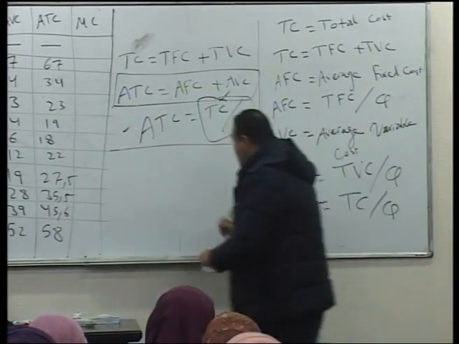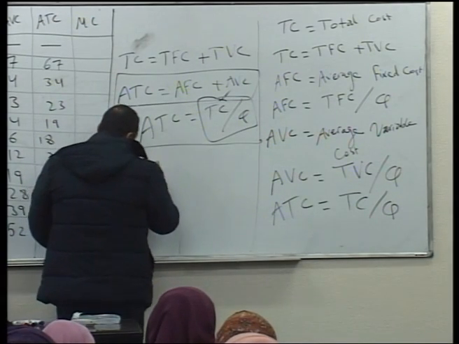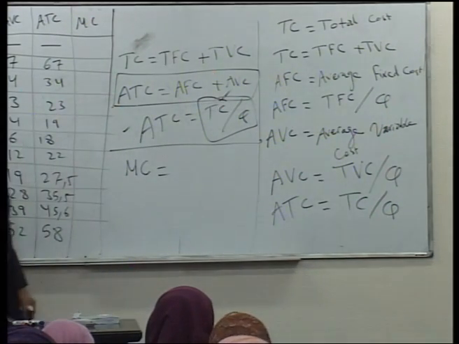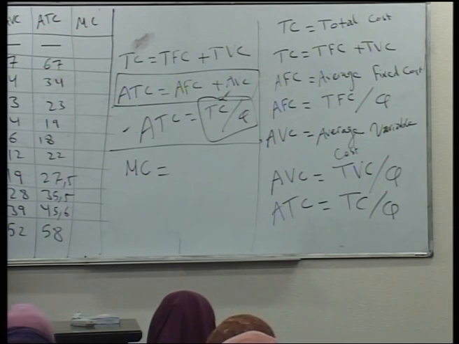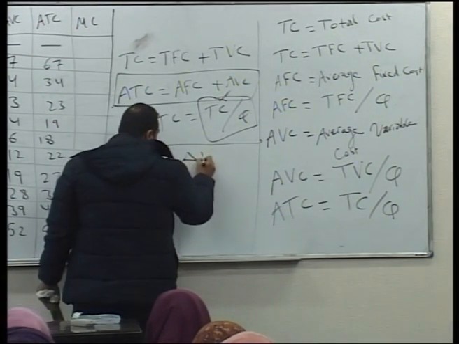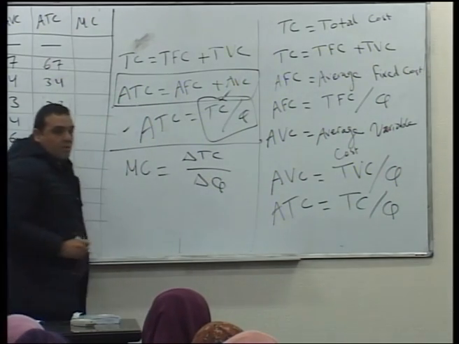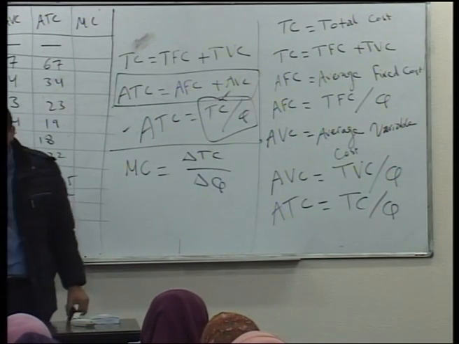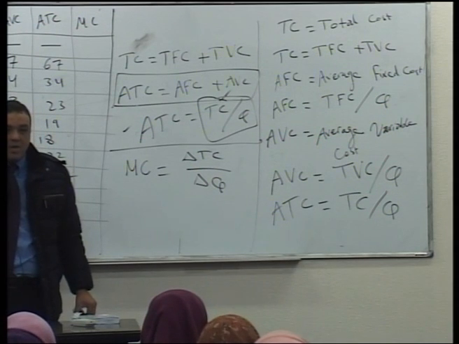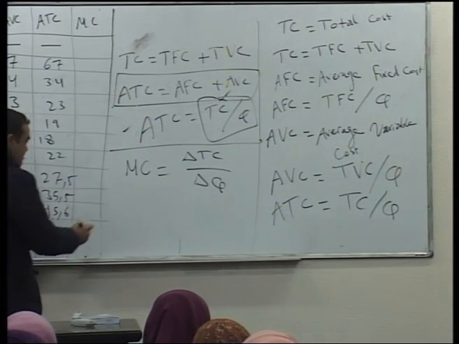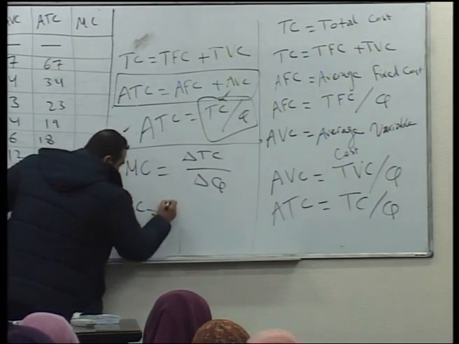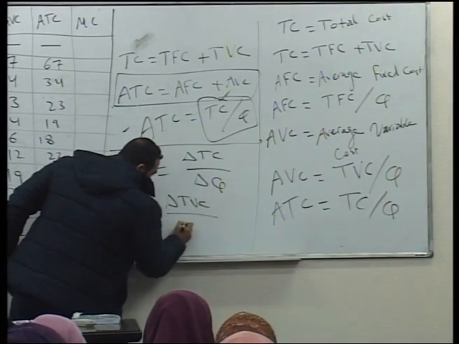So the marginal cost equals change in total cost over change in quantity, or TC2 minus TC1 over Q2 minus Q1. We have another formula, which is marginal cost equals the change in total variable cost over change in quantity.